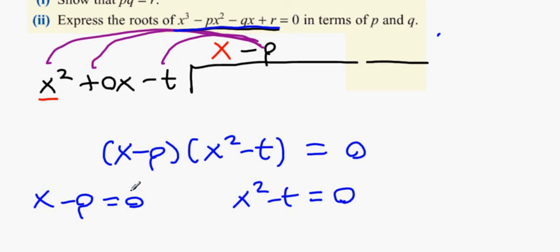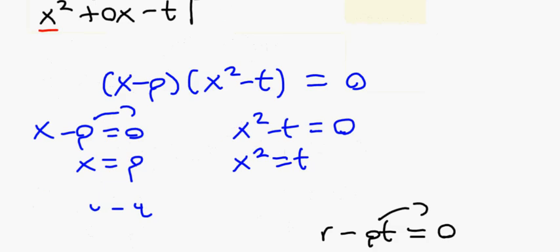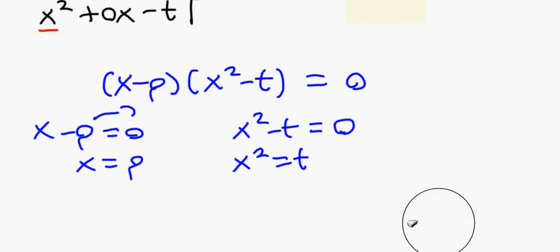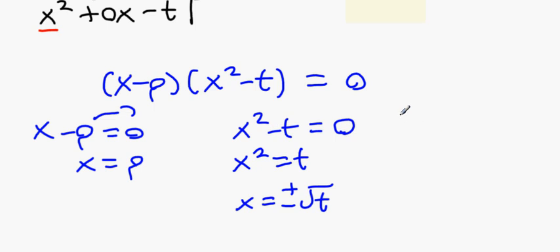And remember, solving for x gives the roots. x equals p is one root. The next root is x squared equals t. Therefore, x equals plus or minus root t. Another way of thinking of that would have been the difference of two squares: t equals root t squared.